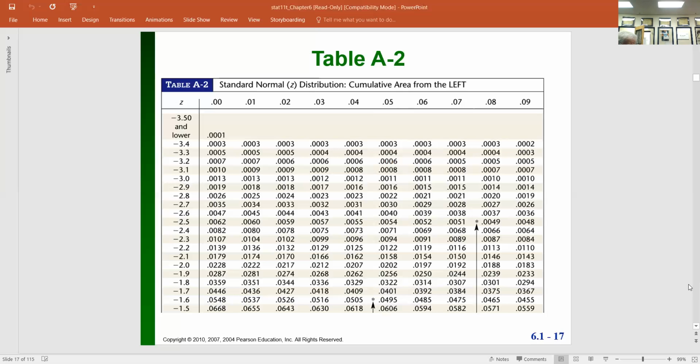So we have a z-score of 0.253, taking it only to 3 decimal places. That's all you can do with a table like this, is add 1 extra decimal place.